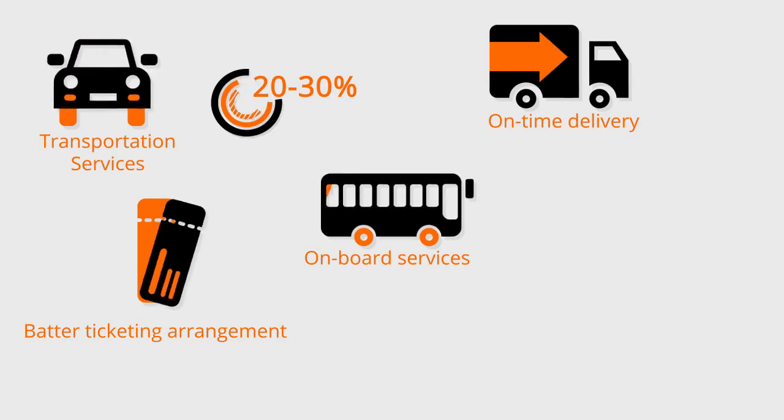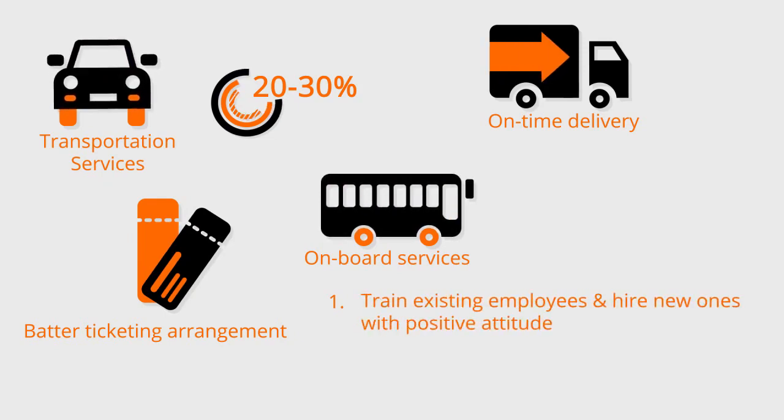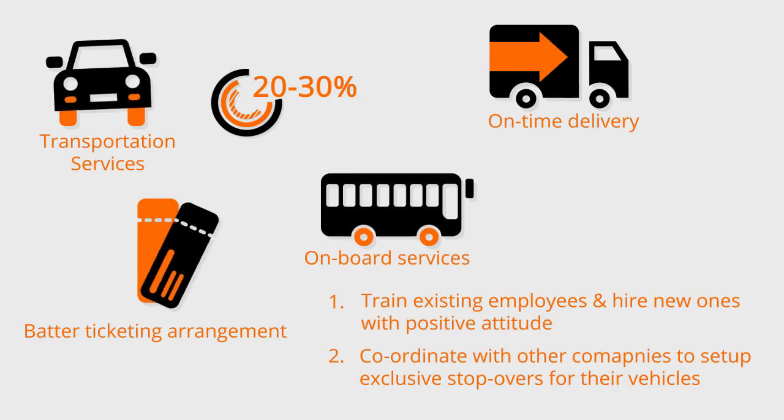However, the attitude of its staff is not good, and it cannot control the service at stopovers. The company decides to increase the fare and one, train existing employees and hire new employees with positive attitude. Two, coordinate with other companies to set up exclusive stopovers for their vehicles. This was the partnership arrangement.